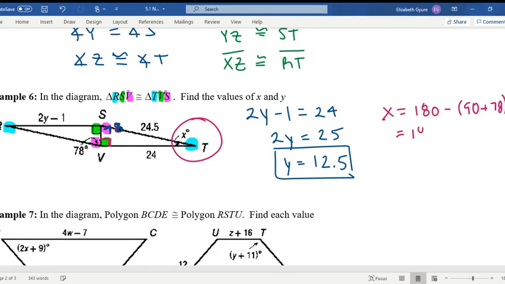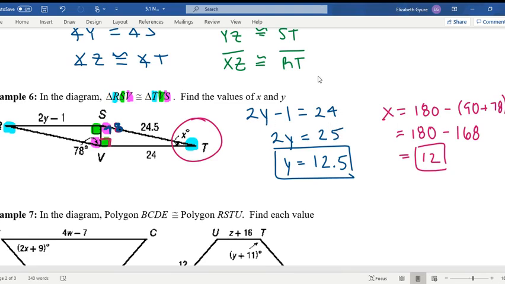That's going to give me 180 minus 168, which is going to give me 12. Do we see why this angle would have to be 78 and this angle would have to be 90? The color coding can sometimes be really helpful. And I have highlighters and stuff if you guys ever want to borrow one.